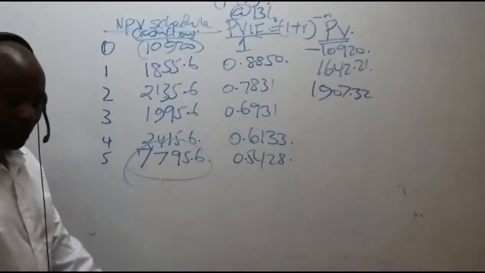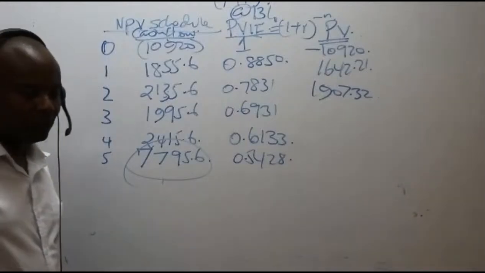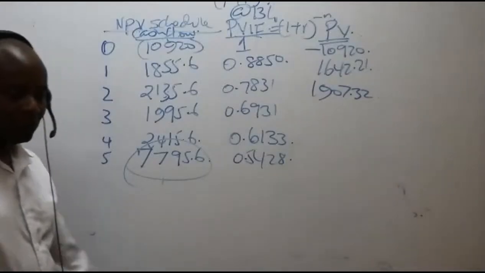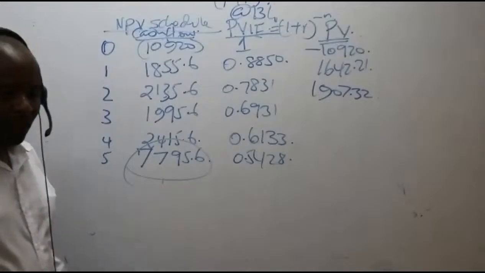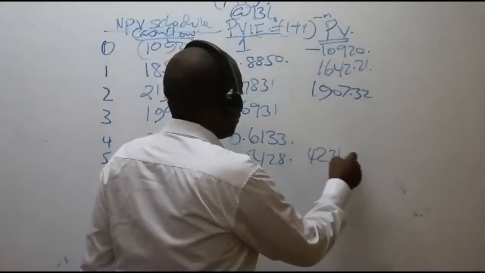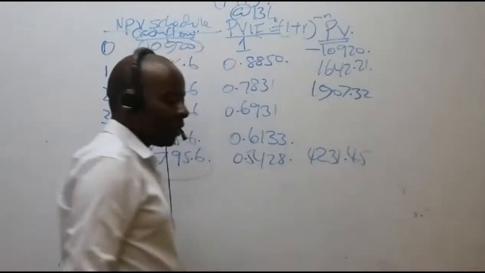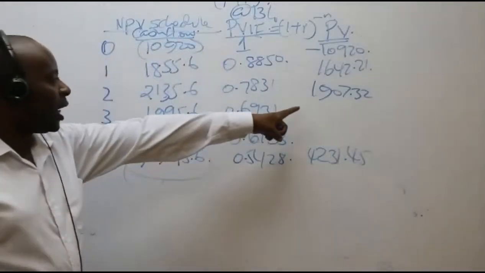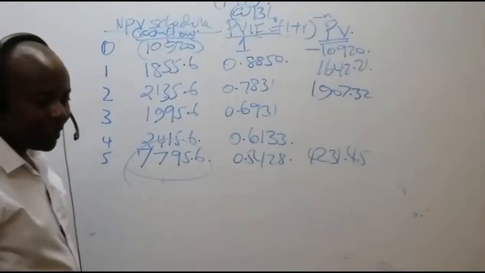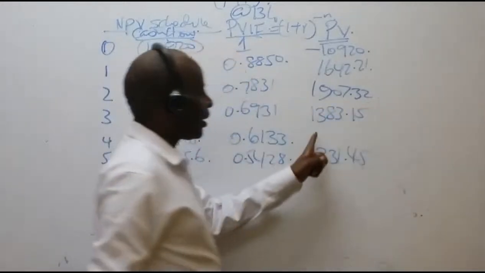So the last one is 4231.45. Don't mind about the decimal places. So please, I'm looking for the fourth figure. Fourth figure, 1383.15.